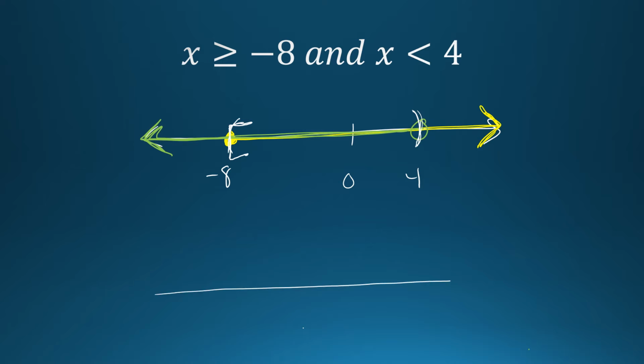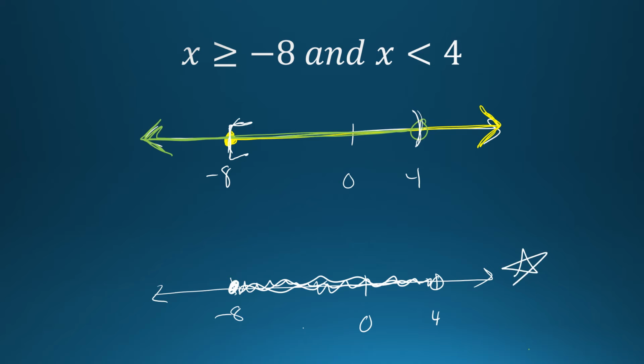So when we actually graph the solution to this compound inequality, we still have that closed dot at -8 and that open dot at +4, but we're only shading in the middle because that's the overlap of those two separate inequalities. The solution is the shading in between, because that's where the individual inequalities overlap. Those are the x values that satisfy both of those inequalities at the same time.